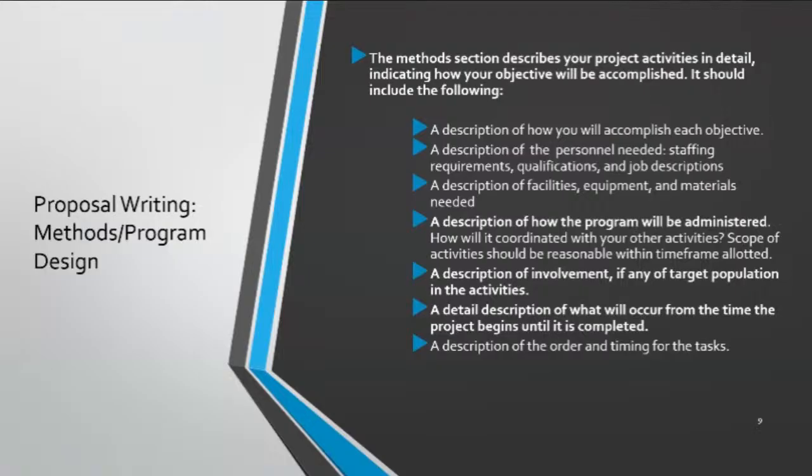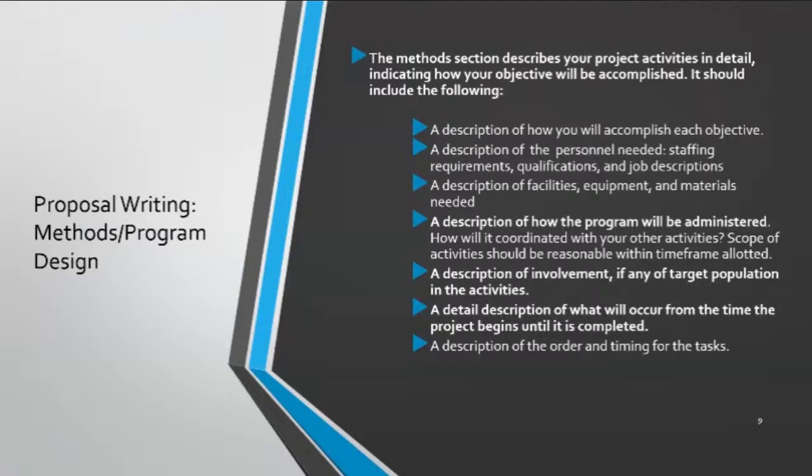There should be a description of the facilities that you need, the equipment that you're going to need, and the materials also that you need to put together. Next, there should be a description of how the program will be administered. How would it be coordinated with other activities?